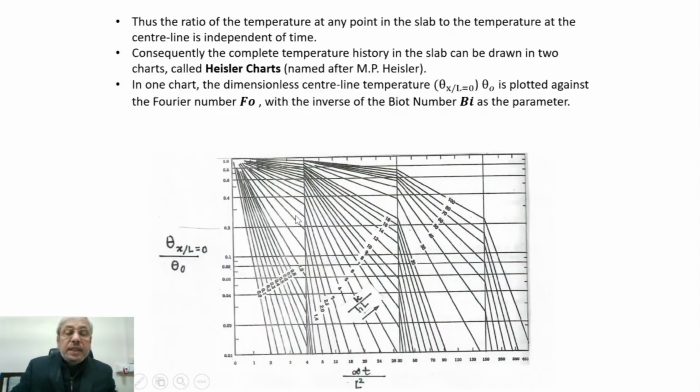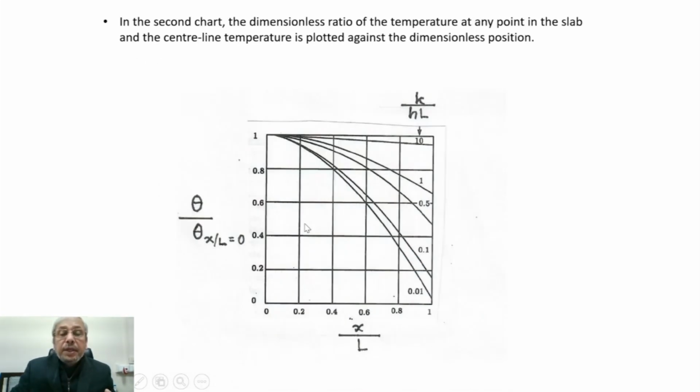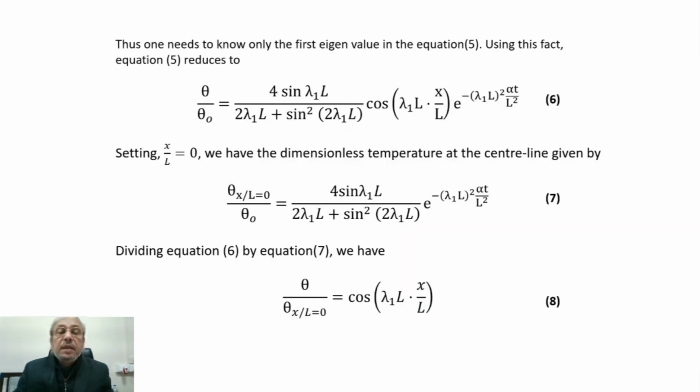So combining these two charts, if we know the starting time and the final time when we want to know the temperature distribution, we can use this chart in combination with this chart in order to know temperature at a given time at any location within the slab.